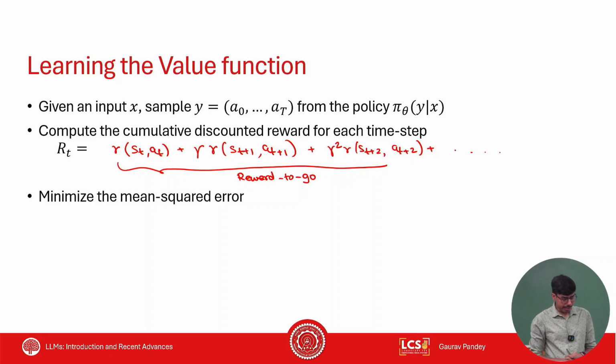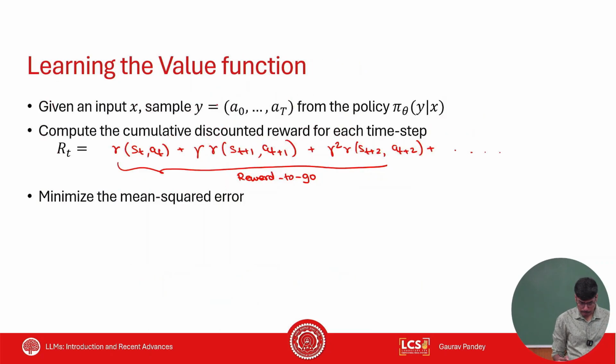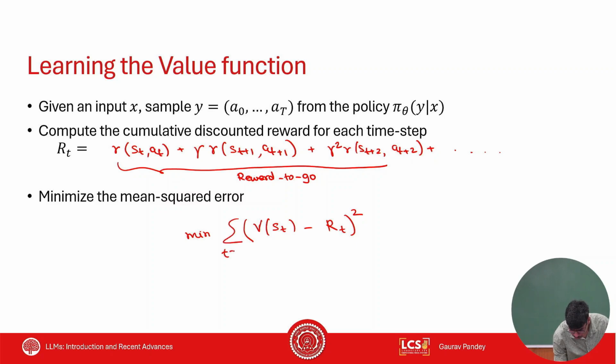And now you simply train. You know that the value function is a neural network; that's what we saw here. So you just minimize the least squares between your V(st) minus RT, whole square, and you do this over all the tokens, and that's how you learn the value function.